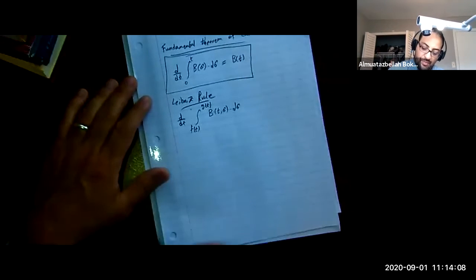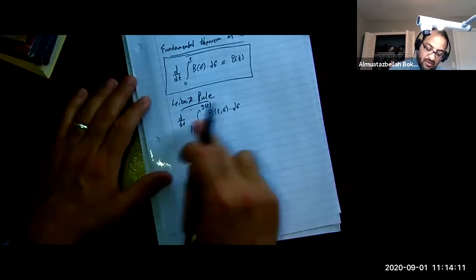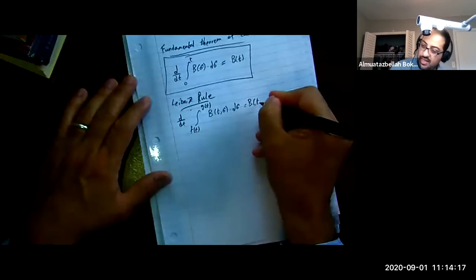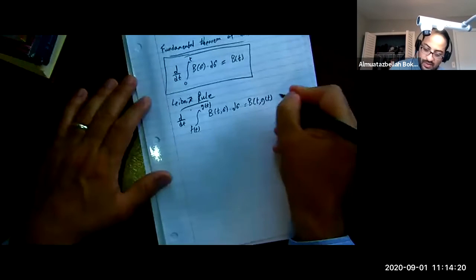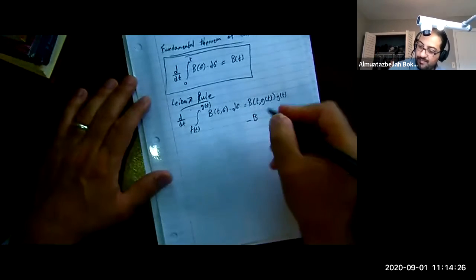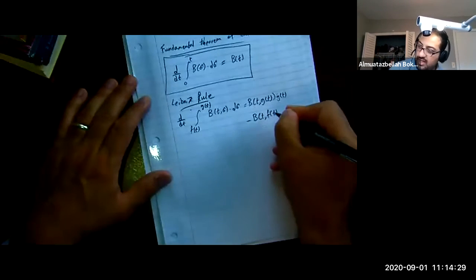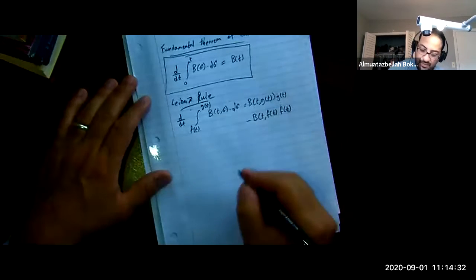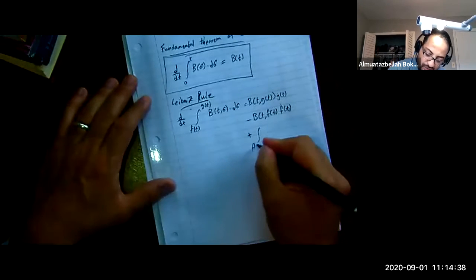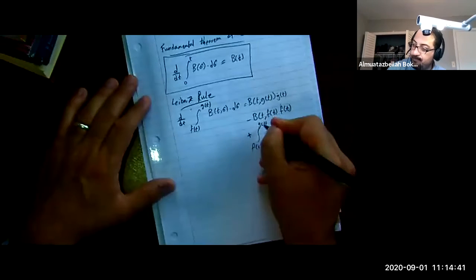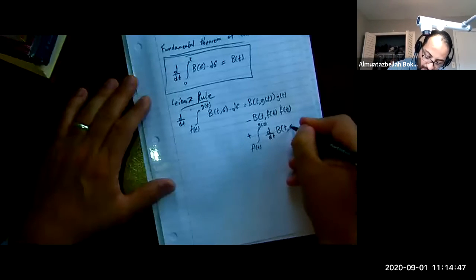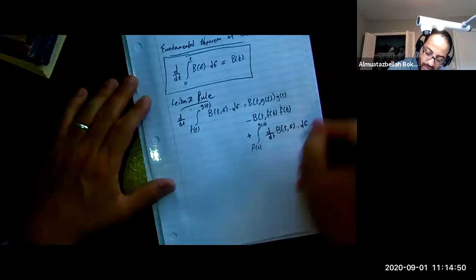So Leibniz theorem says that the derivative of this integration is equal to B of t and g of t times g dot of t, minus B of t and f of t times f dot of t, plus the integration from f of t to g of t of d over dt B of t and sigma with respect to sigma.